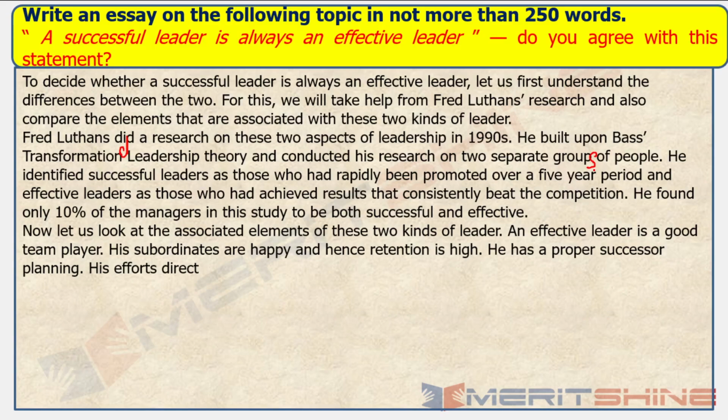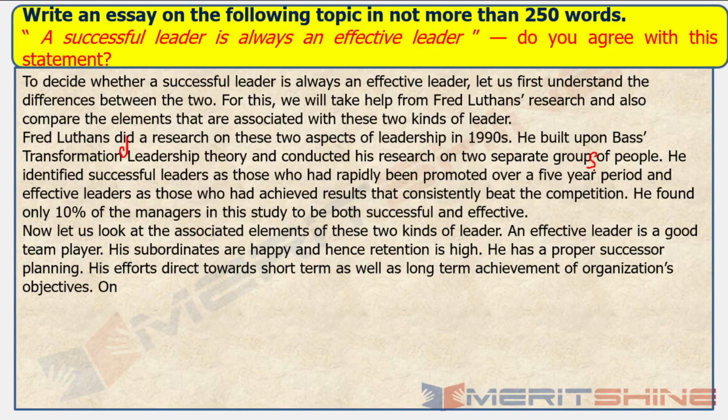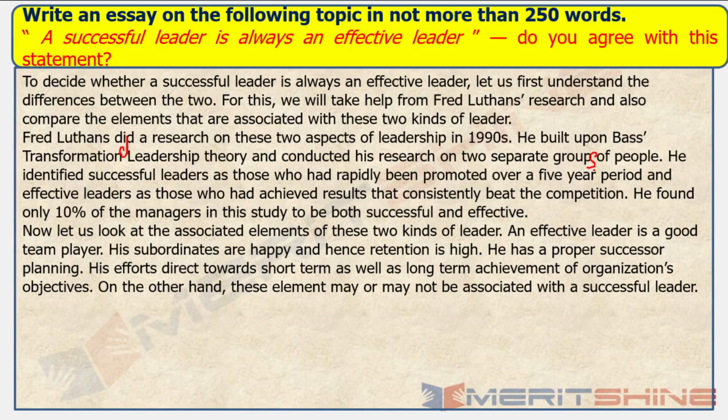This I did not state to you, but I put it down when I was writing, because that's also an aspect of it. His efforts are directed towards both short term and long term achievement of the organization's objectives. On the other hand, these elements may or may not be associated with a successful leader.